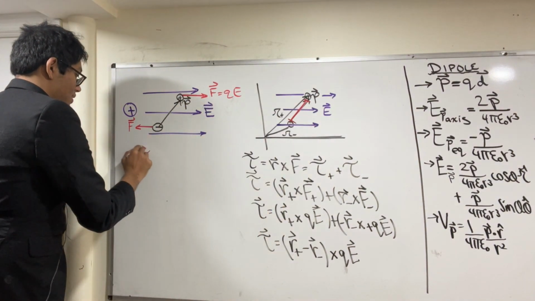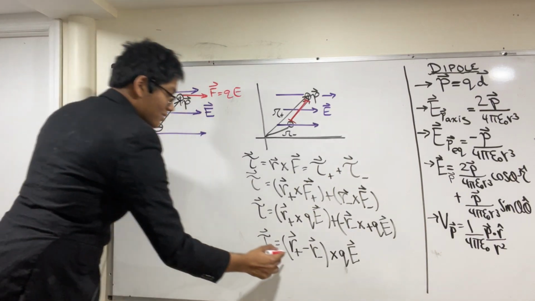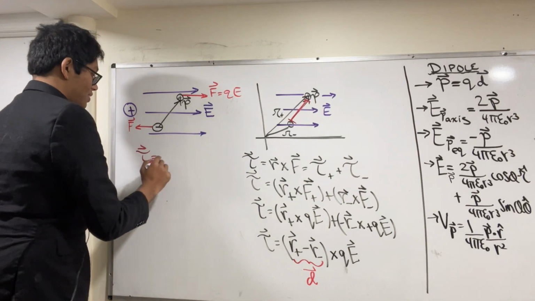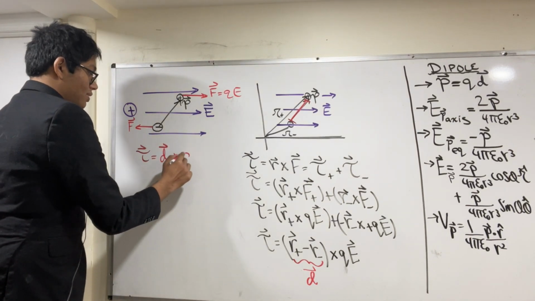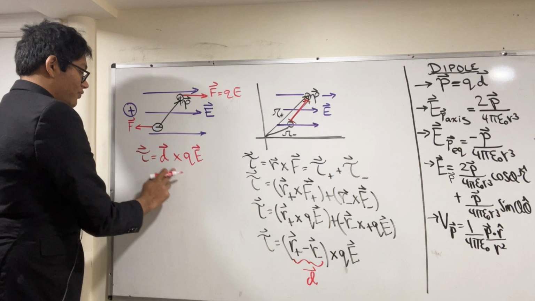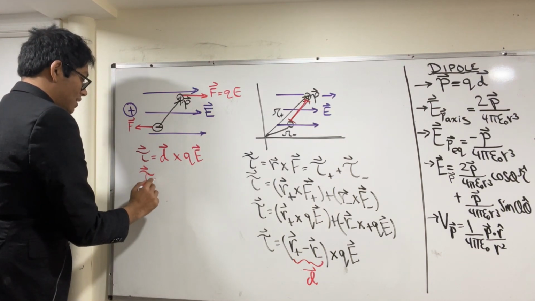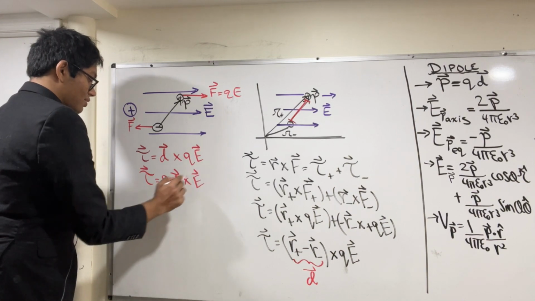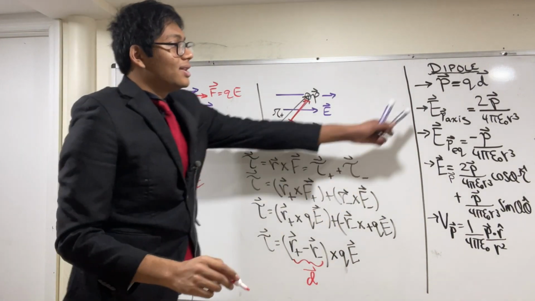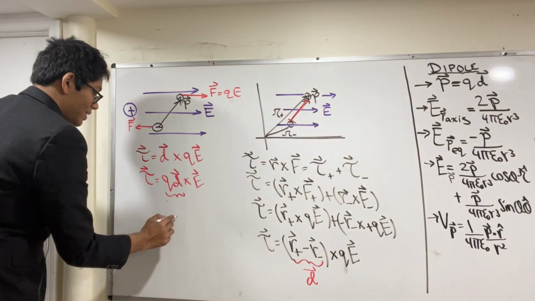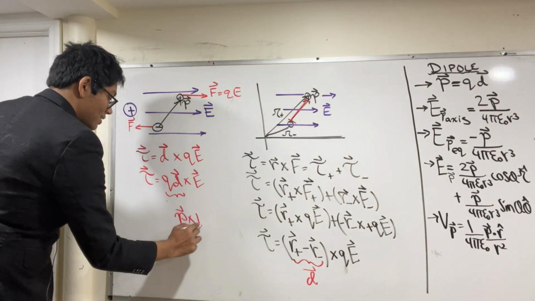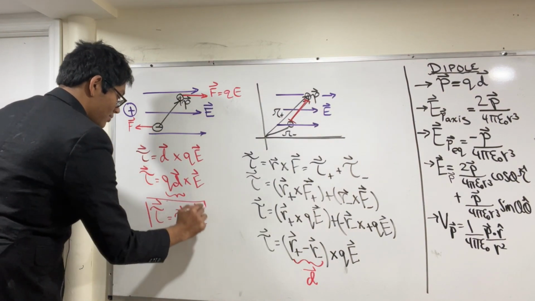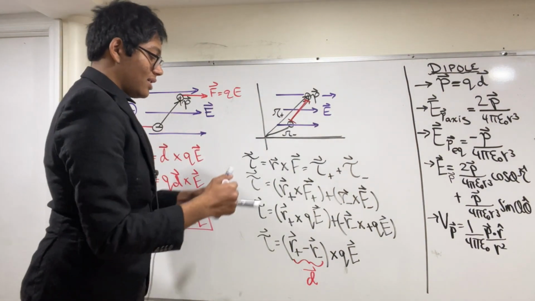So the torque is going to be no more than this, which is just the charge separation d, which is a vector, right? So I'm going to have d crossed into qE. Let me move this q over here. Since it's a scalar, I can move it around between vectors. qd crossed with the electric field. Well, what is qd? qd is nothing more than the dipole moment, p. So p crossed into E. Well, ladies and gentlemen, I think we have the torque exerted by a uniform electric field on a dipole.